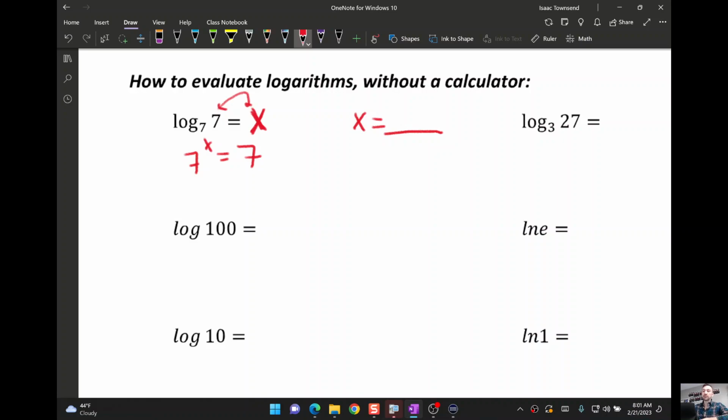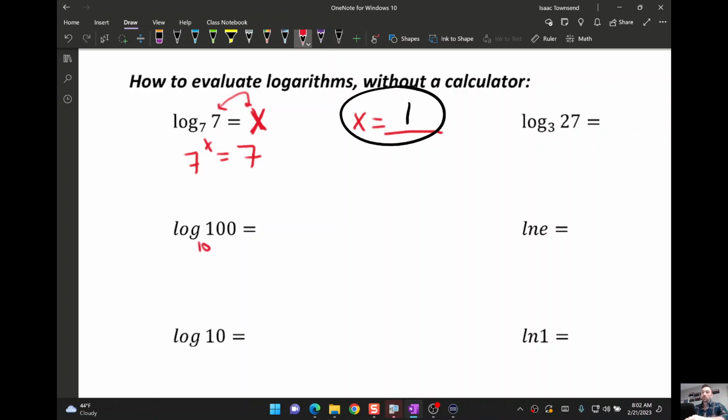This is saying 7 to what power gives me 7? So log base 7 of 7 is 1. Again, you can always just set it equal to x and switch the forms. If it's logarithmic, switch it to exponential. If it's exponential, switch it to logarithmic. And that often helps. But that's also kind of unnecessary.